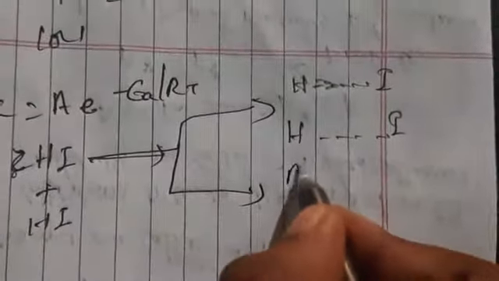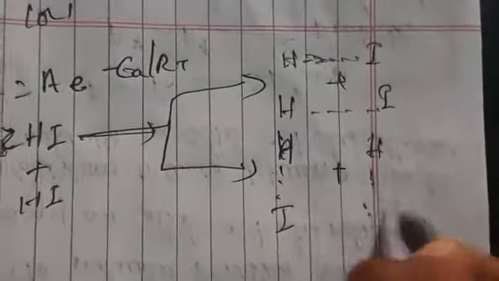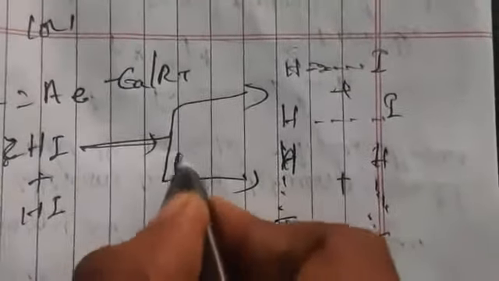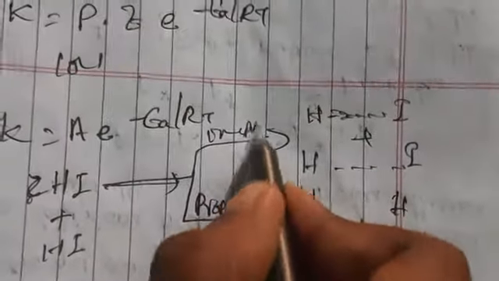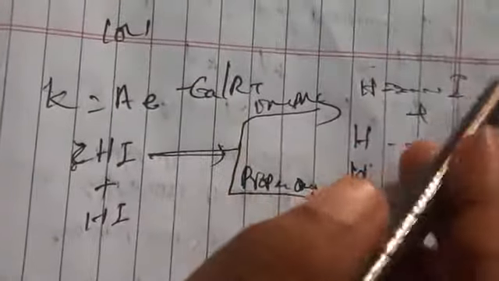This is one molecule, this is one molecule, and HI plus HI. So this one will get the proper orientation and this one will get the improper orientation. Why? Because the molecules will give correct orientation in these molecules only, not in this molecule. That's why it will give improper orientation, and this is proper orientation.